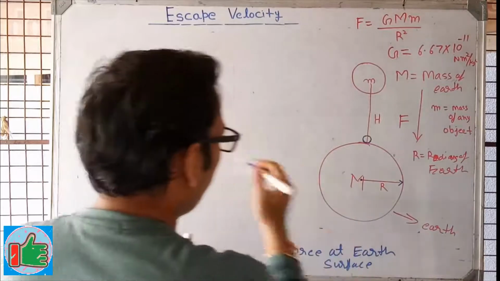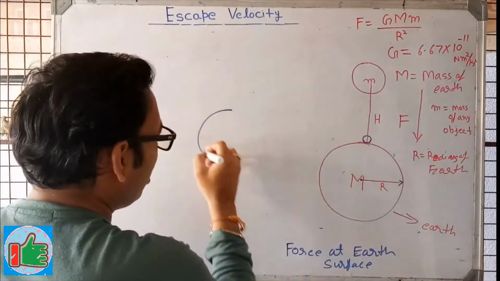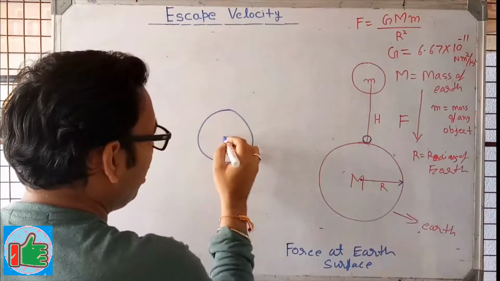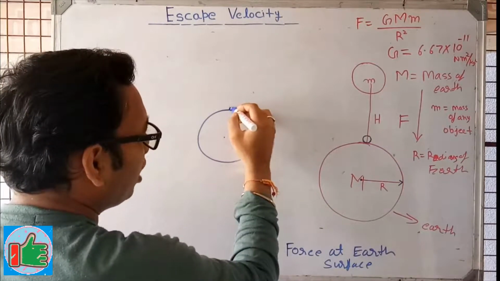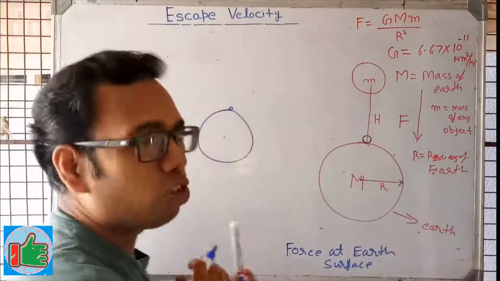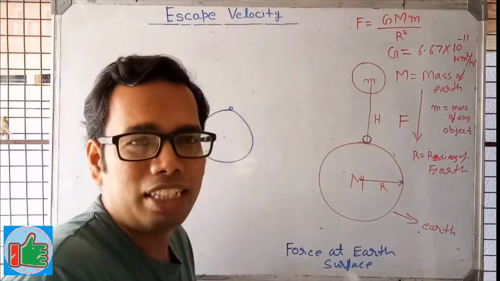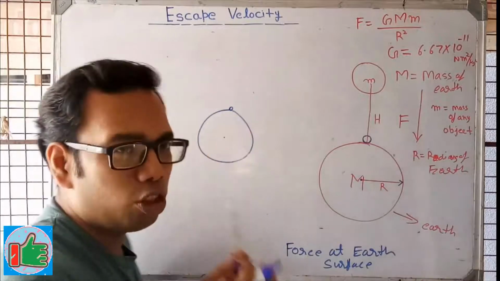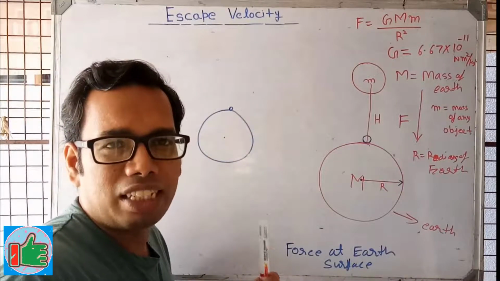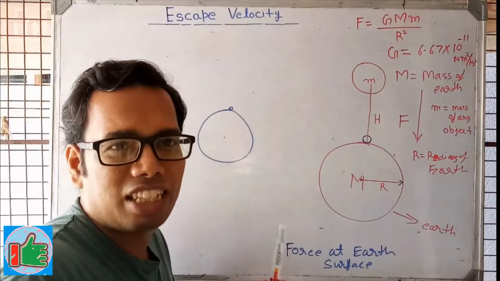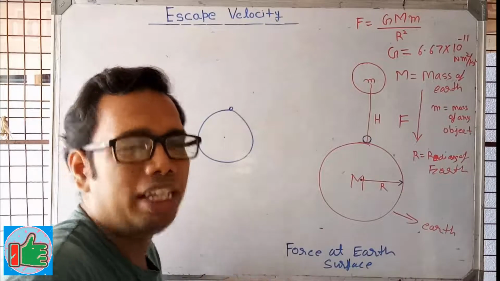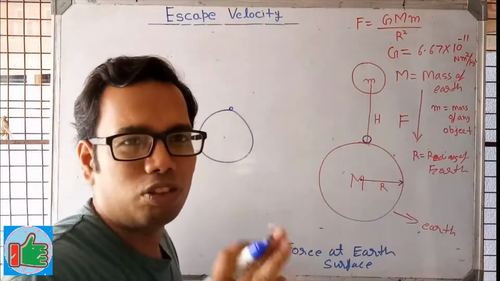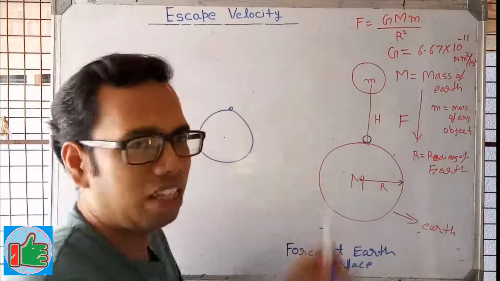Okay, so this is earth, and here the object is there. This object wants to escape without any extra force. With its momentum only it will get out from the earth's gravitational force.